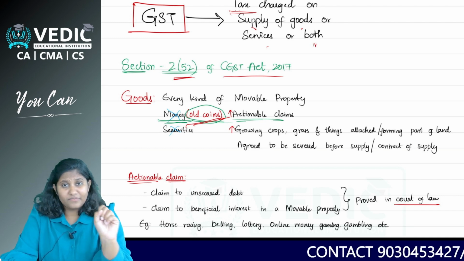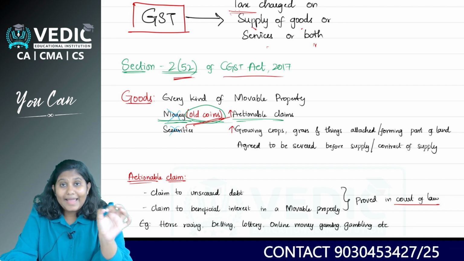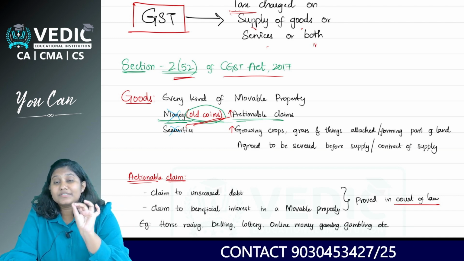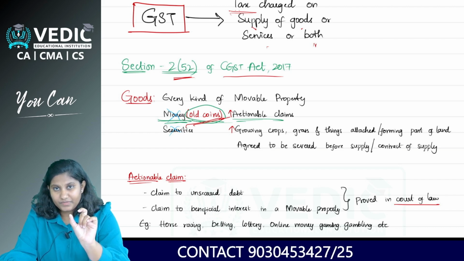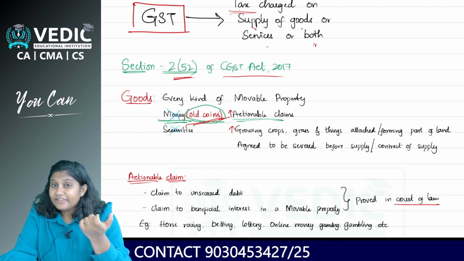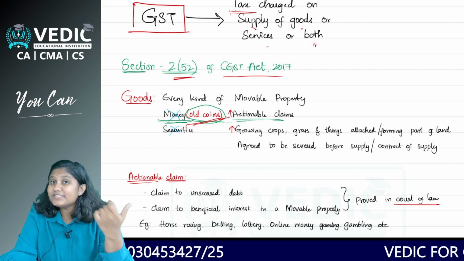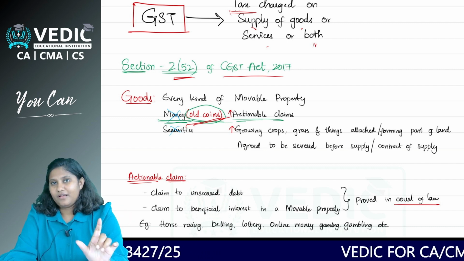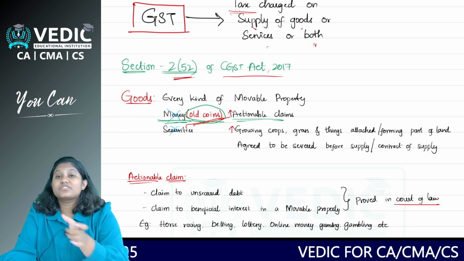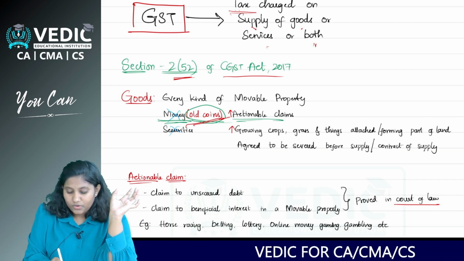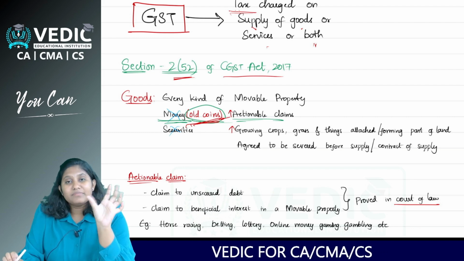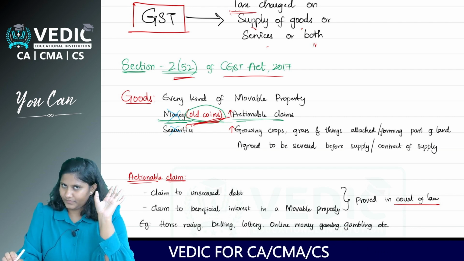So they do have some value. The money definition excludes the currency which has numismatic value, nothing but old coins. If the money definition excludes old coins and the goods definition excludes money, then basically exclusion of exclusion becomes inclusion. So these old coins are nothing but goods as per GST, right?